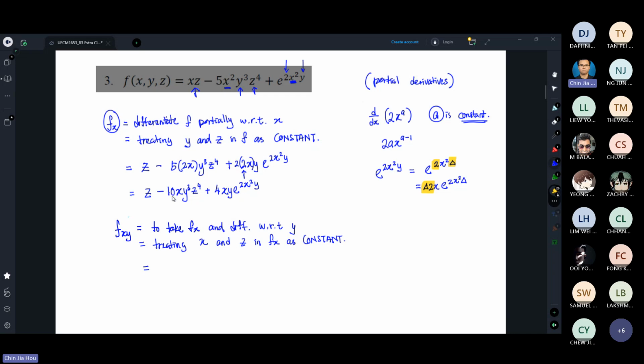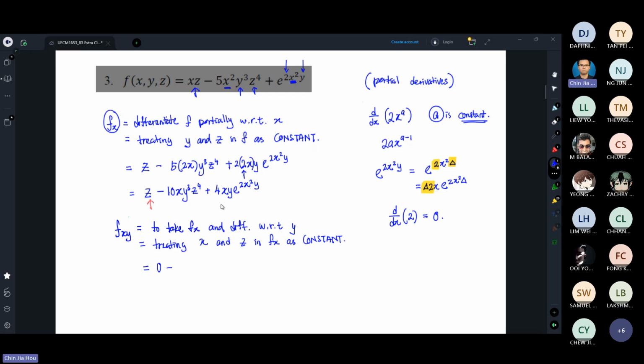Now, noticing that the first term here doesn't consist of any y term. It only has a z term. So if this is a constant, since we already treat the z as a constant in this function, we are going to make it into 0. If we differentiate a constant, say 2, we get 0. So we get 0 over here.